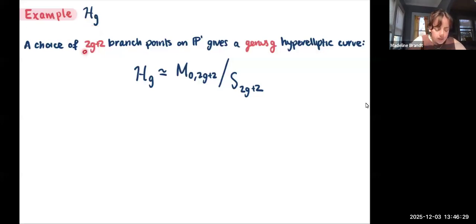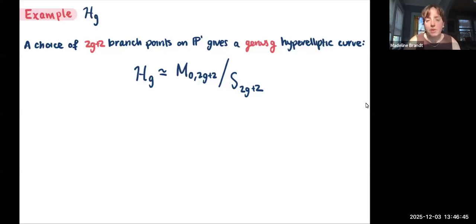A choice of 2G plus 2 branch points on a P1, by what we were saying on the previous slide, gives you a genus G hyperelliptic curve. The 2G plus 2 is just a Riemann-Hurwitz calculation.